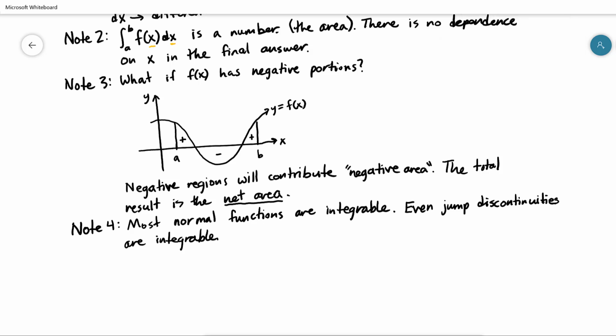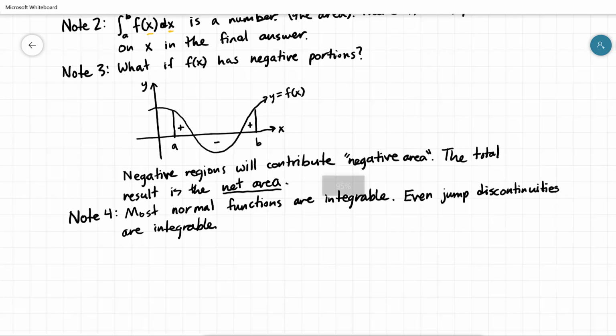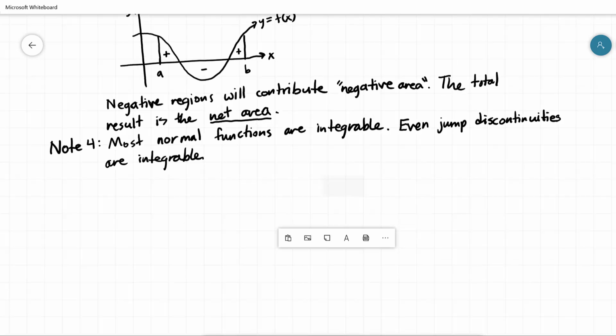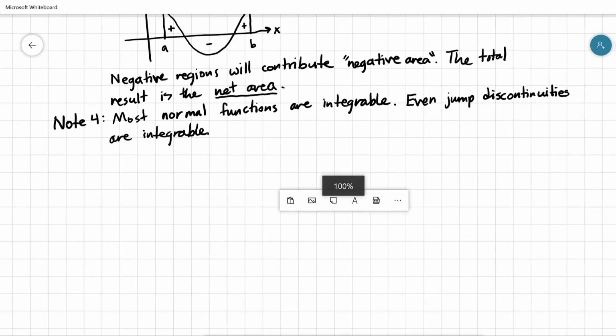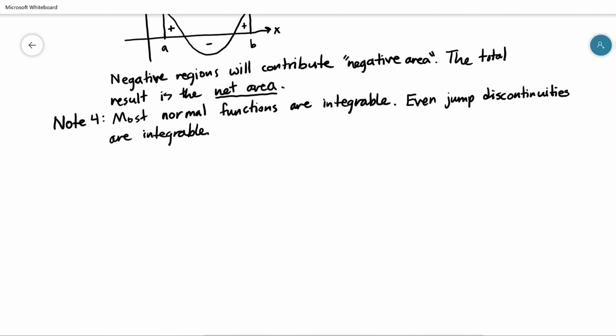Okay, so I think we knocked out all of the notes. Hopefully the conceptual ideas are starting to come into play, but to get comfortable with these things, we need to do some examples. So let's jump to some examples. Let's look at an example here first.